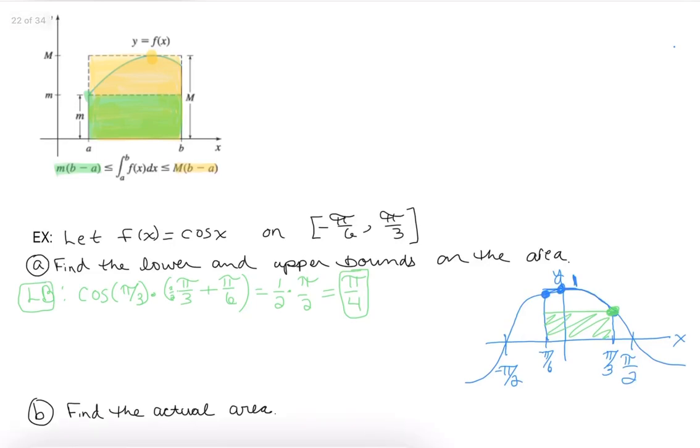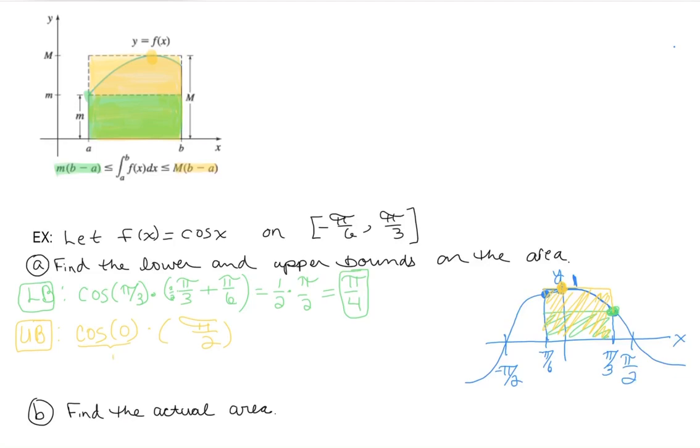Now, if we wanted to determine the upper bound, in this particular problem, our upper bound is going to come from the max value, which is up there at x equals 0 on the function. So our upper bound in this example is going to come from cosine of 0, again, times this same width, which we now know is pi over 2.